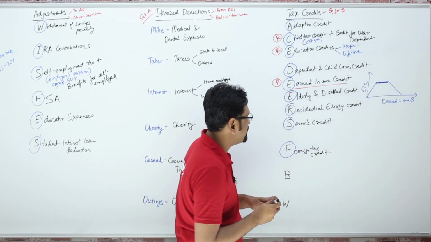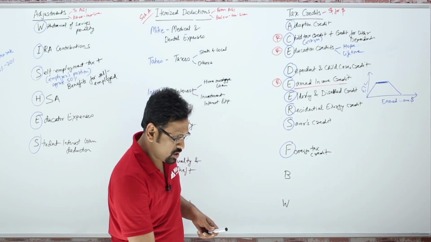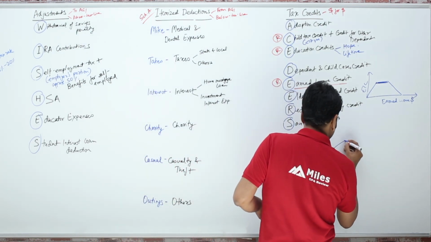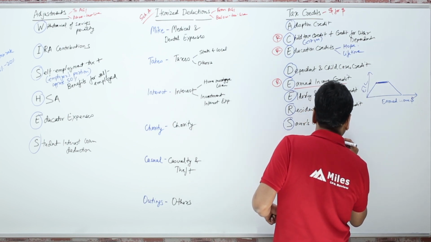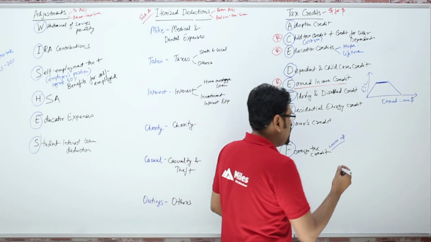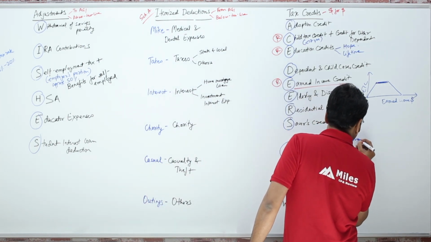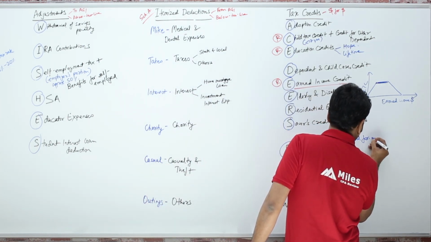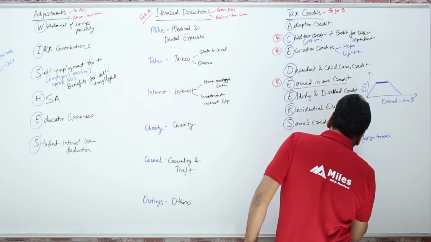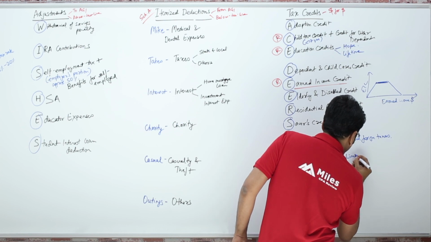Now, for foreign tax credit, there's a limitation where this credit is the lower of the actual foreign taxes paid, or there's a limitation.